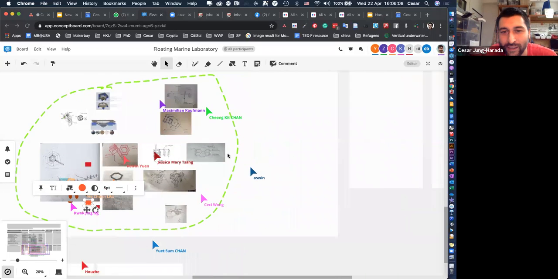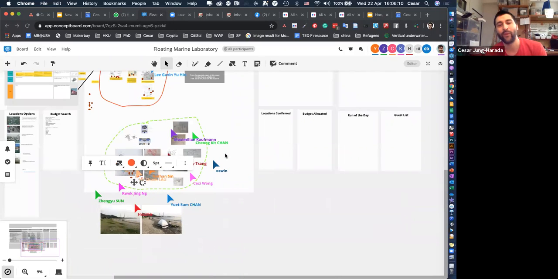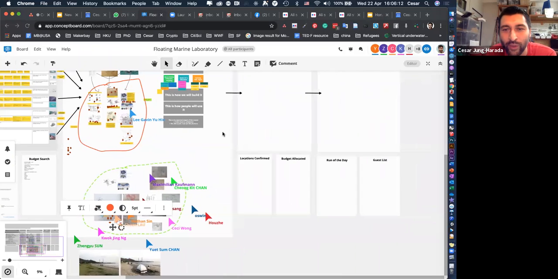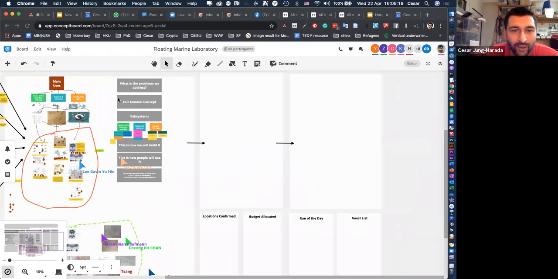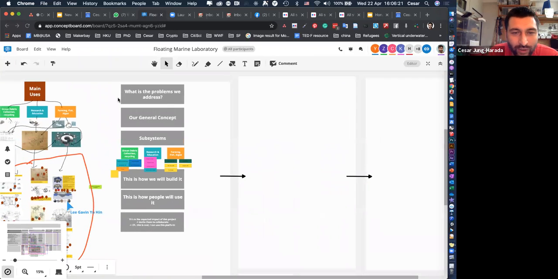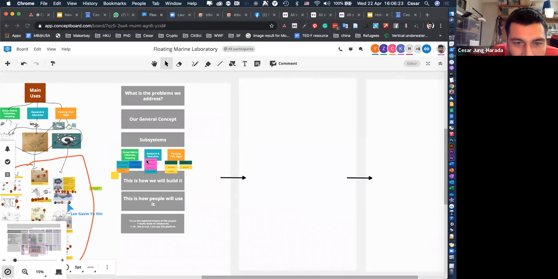Okay, so let's prepare for the presentation for Friday. So we have all these different blocks, and each of us has already put ourselves into a specific area. But I think we also need to have not only the core research, but also the general slides.